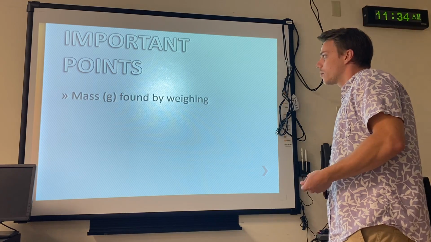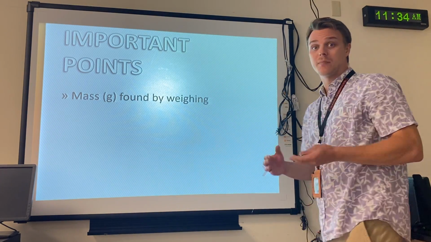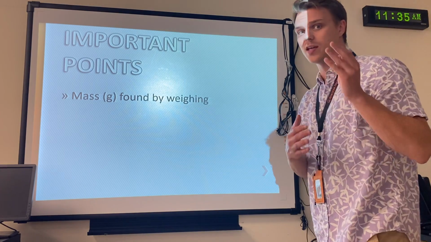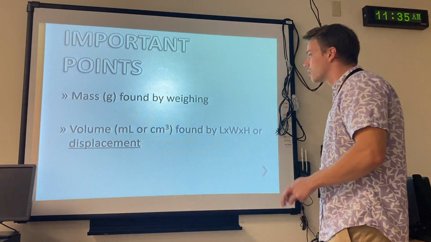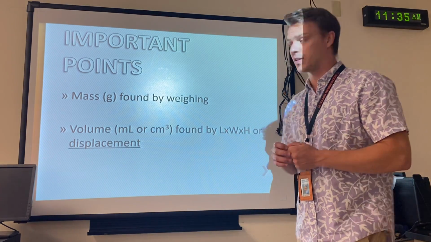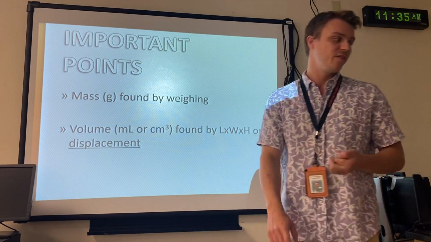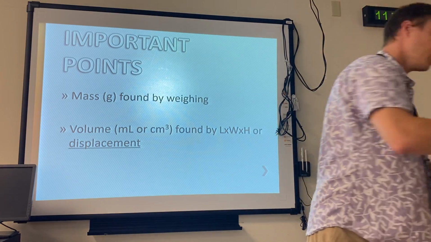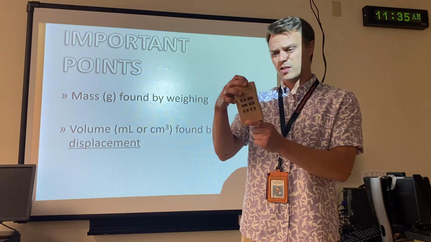Some more important points. Mass is found by weighing or using a balance, and we usually determine that in the unit of grams. Volume is the size of something, and that's found by measuring the length, width, and height of an object. That's really only possible with rectangular and cubic shaped objects.